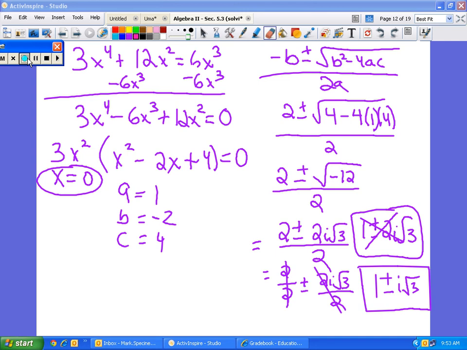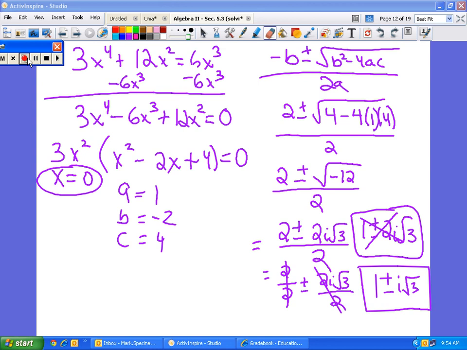Does anybody have any other questions about this? Yes, question? Is x always going to be 0 if you factor it out of the polynomial? Like if I started with this, and I didn't have this part, then no, 0 would not be a solution.